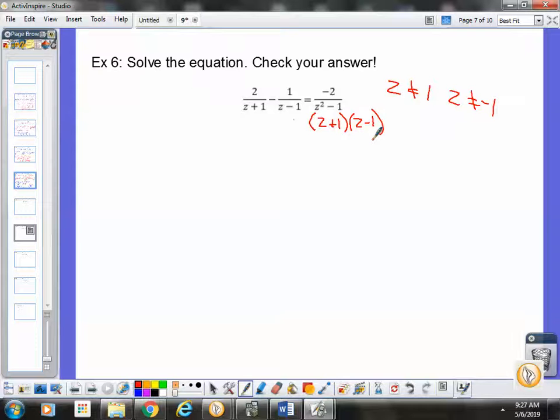Like that, z plus 1, z minus 1. So if I was to get a common denominator, what would I use? z plus 1, z minus 1. So let's distribute that z plus 1, z minus 1 throughout.